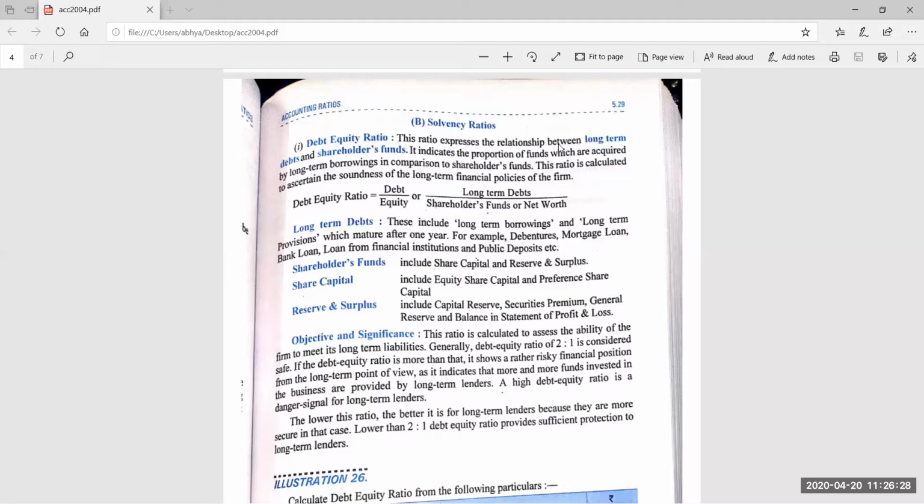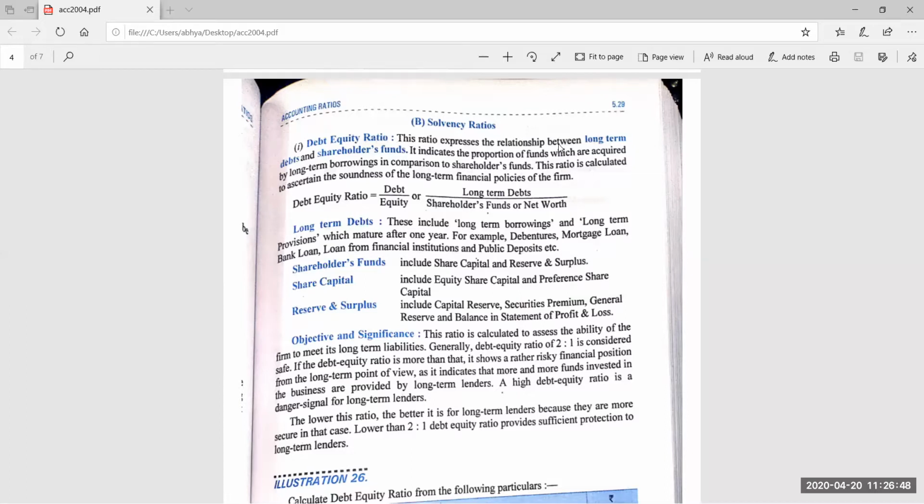Long-term borrowings means debentures, mortgage loan, public deposits, loan from bank, loan from financial institutions. These are the examples of long-term borrowings. And long-term provisions: provision for gratuity, provision for warranty, provision for leave encashment, which we have already studied in chapter 1.